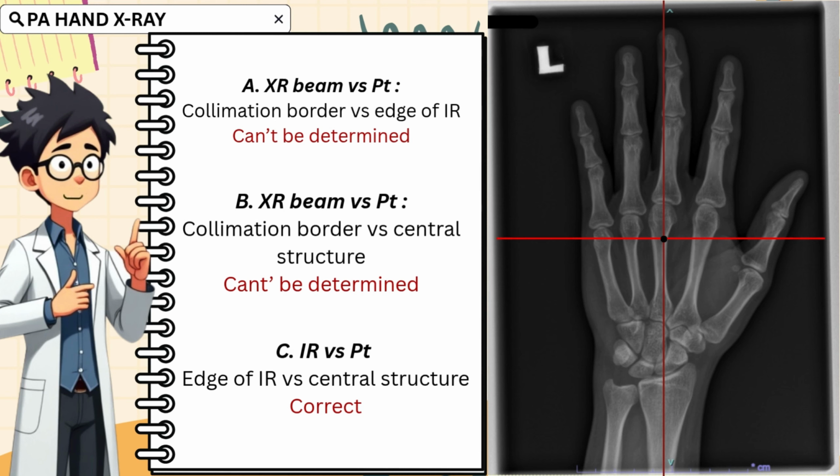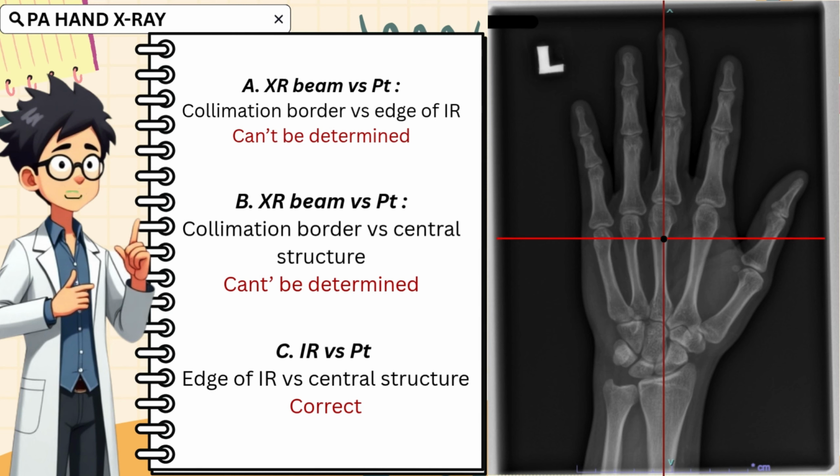In this PA hand radiograph, the alignment between the X-ray beam and the image receptor, as well as between the X-ray beam and the patient, cannot be accurately assessed due to the absence of visible collimation borders.